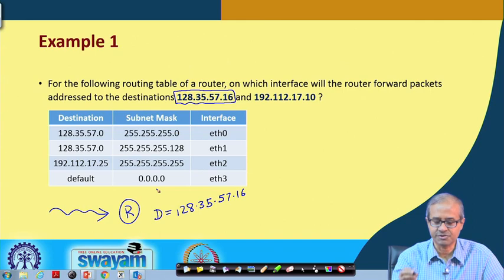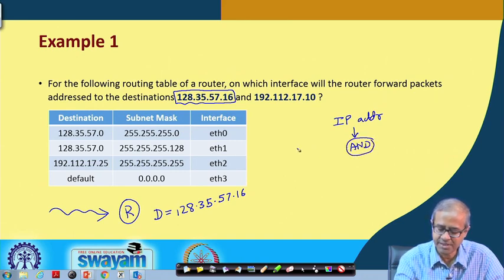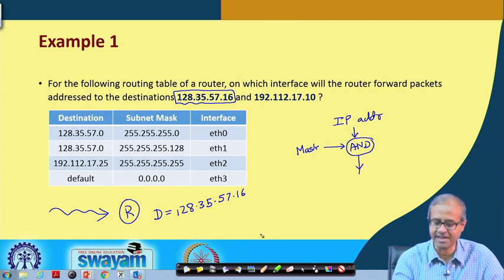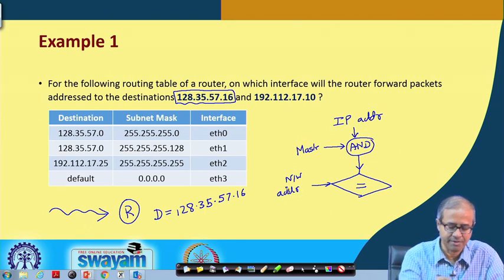So, here what do we do? The rule is as follows. With the IP address, we do a bit by bit AND with the subnet mask whatever is specified, and whatever you get after doing this ANDing, we compare whether it is equal to the network address or the host address which is specified in the routing table.